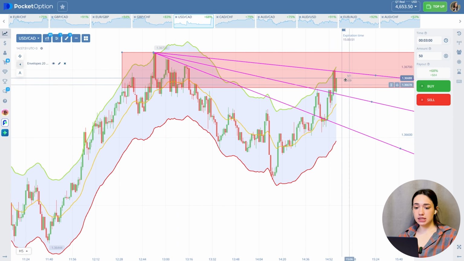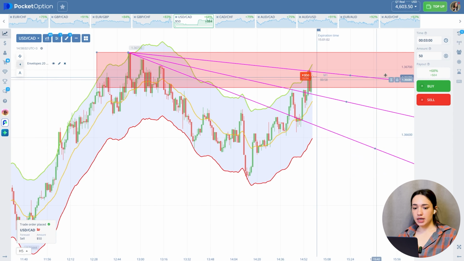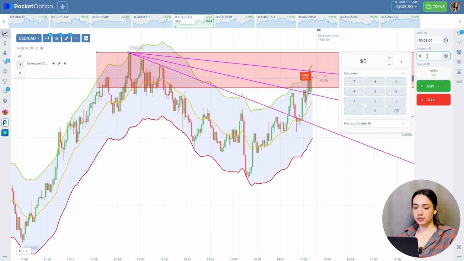Good volatility I see, and a strong candle dynamics, and the price is moving right now. Well, I'm just opening the position, and right now the price is moving within the red rectangle area.